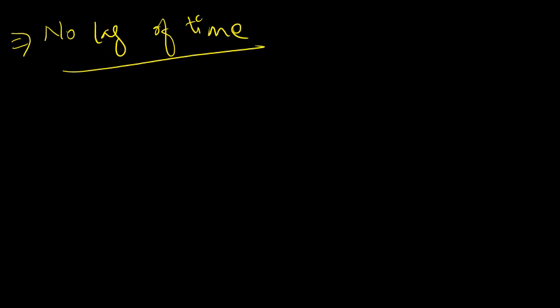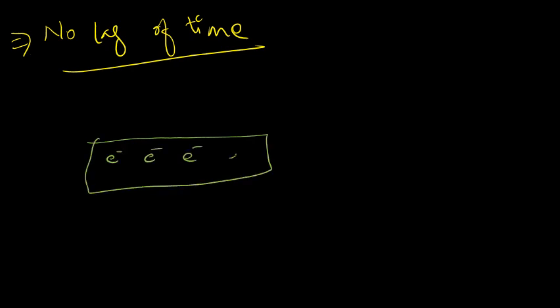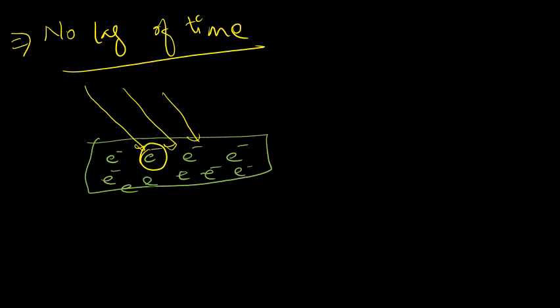According to the wave theory, electrons are trapped within the metal, and there are some binding forces which bind the electron within the metal. So when radiation of some intensity falls on the metallic surface, the electron should first collect enough energy and then it can be emitted from the metallic surface.